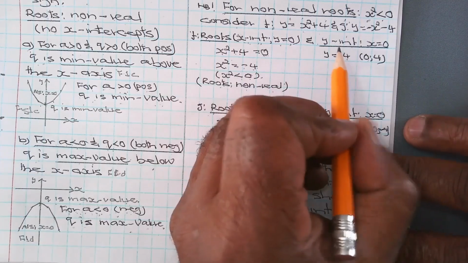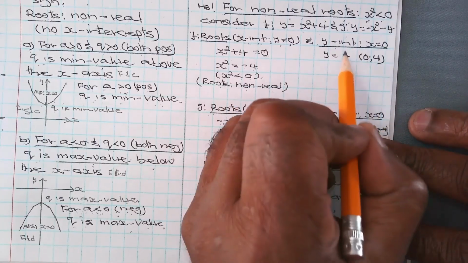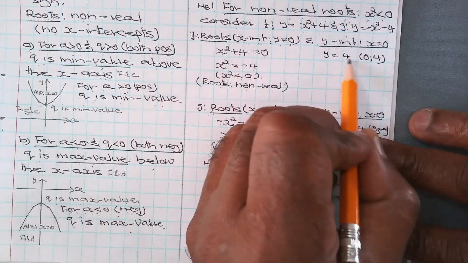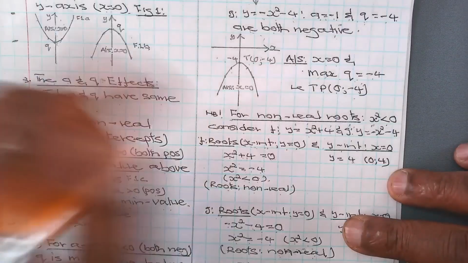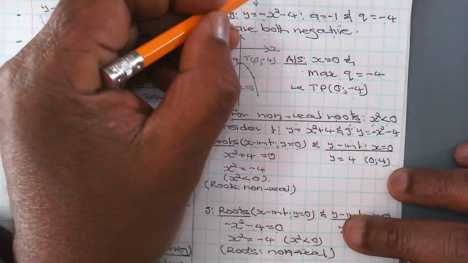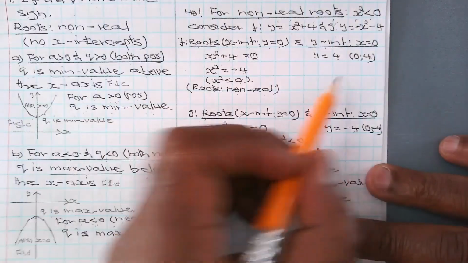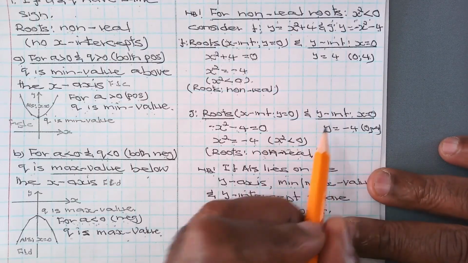Let us look at the y-intercept. x is 0. Therefore, if x is 0, we are left with 4. Therefore, the coordinates are (0; 4). It's (0; 4). Right. We come to g.